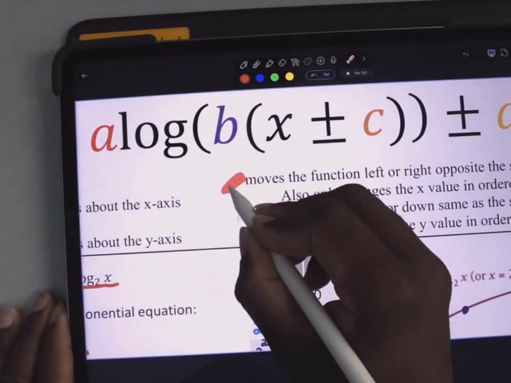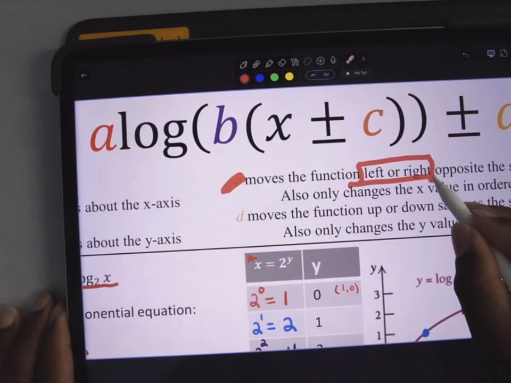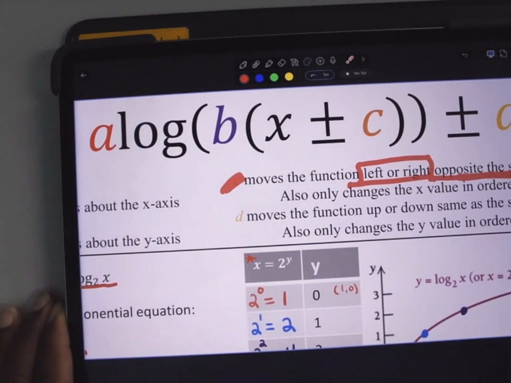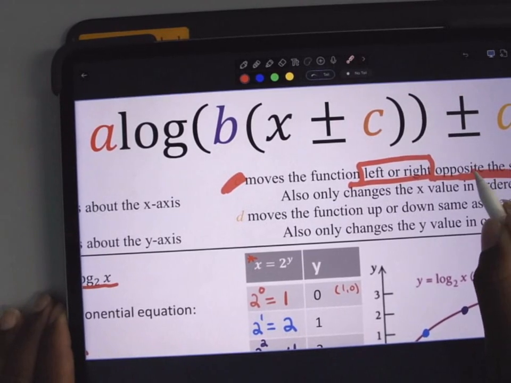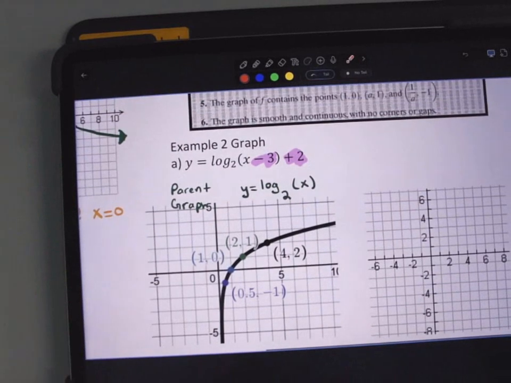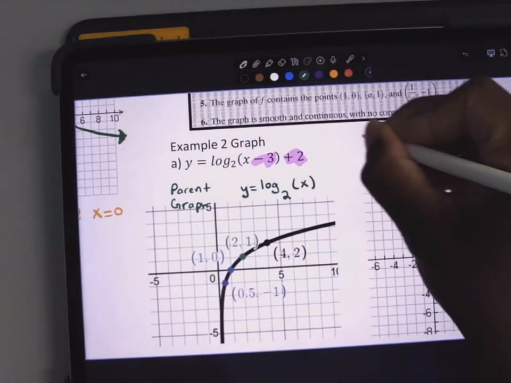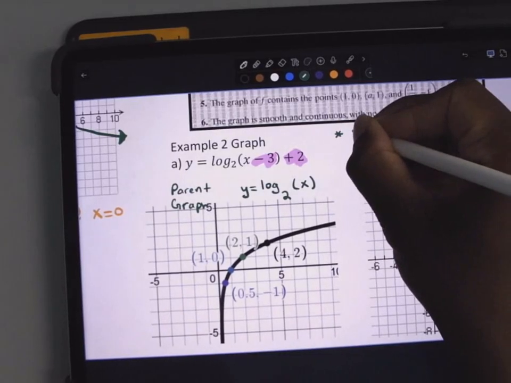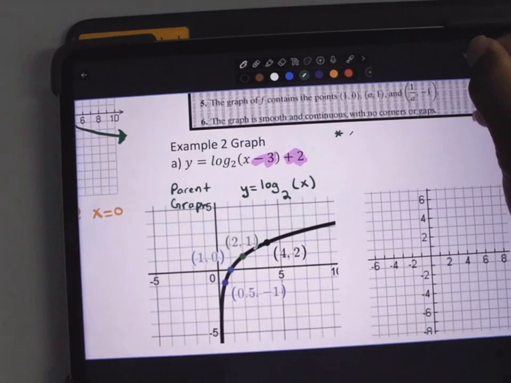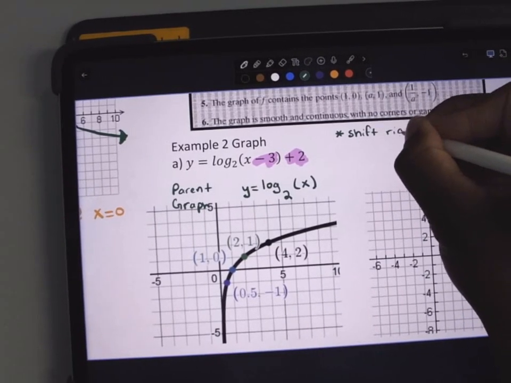C moves our function left to right. And since it's a horizontal change, it's opposite of the sign. It's opposite of what we think. So when we see -3, we feel like we should go left 3, but we actually need to shift right 3.